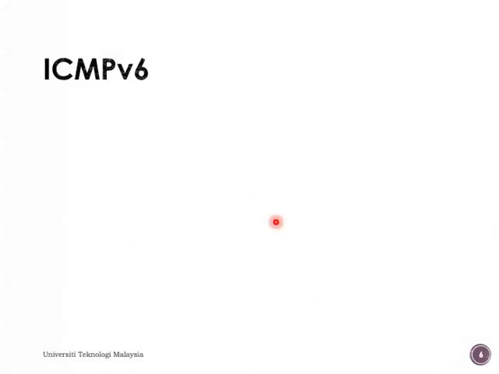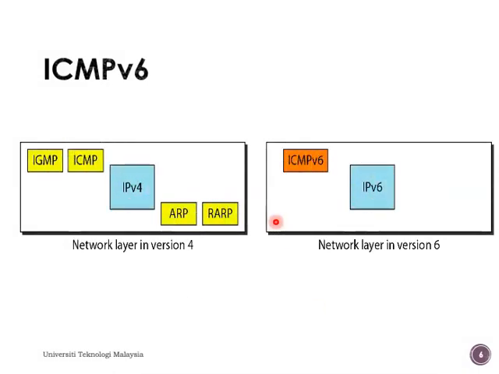Let's have a look at ICMP version 6. In the network layer for version 4, ICMP is one of the protocols that assists IPv4 in terms of error reporting. For IPv6, it has similar roles to ICMP version 4, but ICMP version 6 has also taken over the roles of ARP and IGMP from version 4.